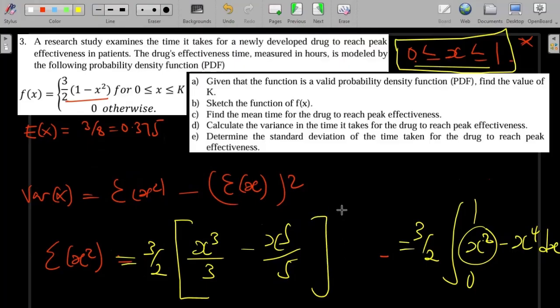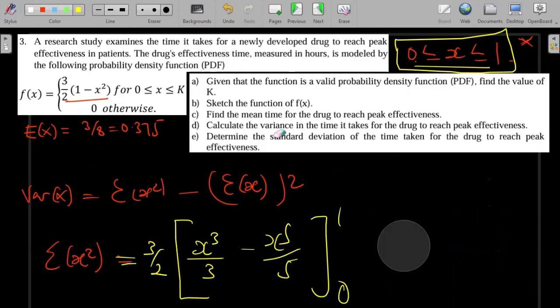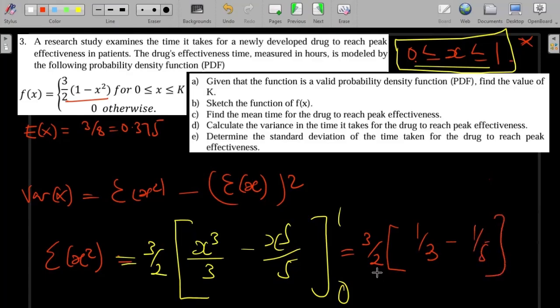And then the limits are 0 to 1. Okay, let's substitute. So it's 3 over 2, and in the bracket, I'm just going to have 1 over 3 minus 1 over 5, because when I substitute 0 there, it will just be zeros. So 1 over 3 minus 1 over 5, what are we going to get?